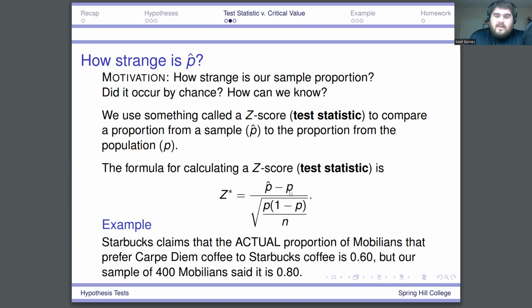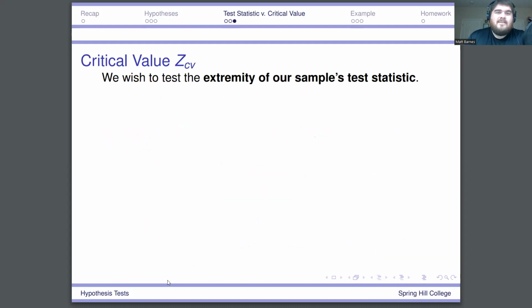So anytime I see p, I put 0.6 in there. Anytime I see p hat, I put 0.8. And n is the only other thing we have here, and that's going to be our 400 Mobilians, right? That's how big of a sample we have. That's how many people we asked. So in that case, we have to plug it into this formula and figure out what Z star is. So I'll leave that for you to do.